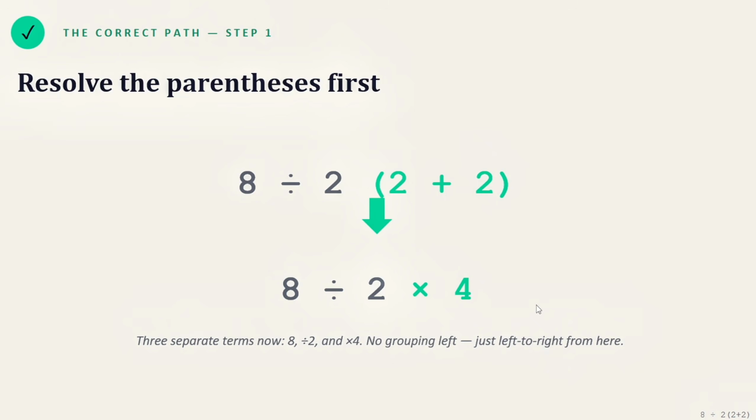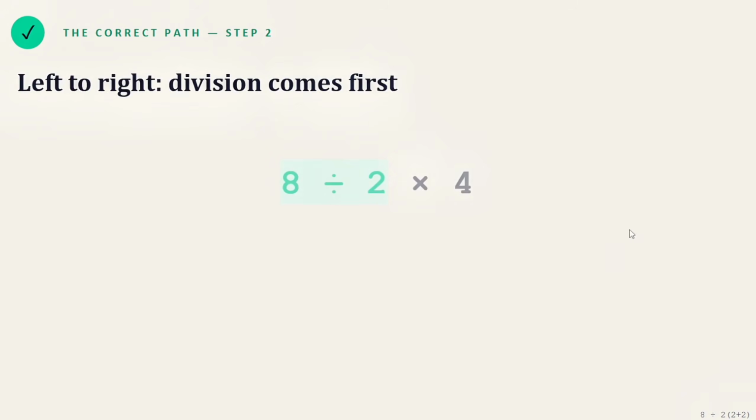Here's where things become interesting and where the second wave of mistakes usually hits. The problem is no longer 8 divided by a group. The problem is now 8 divided by 2 multiplied by 4. According to the left to right rule for multiplication and division, we must handle the division first because it appears on the far left. Let's do that. 8 divided by 2 gives us 4.